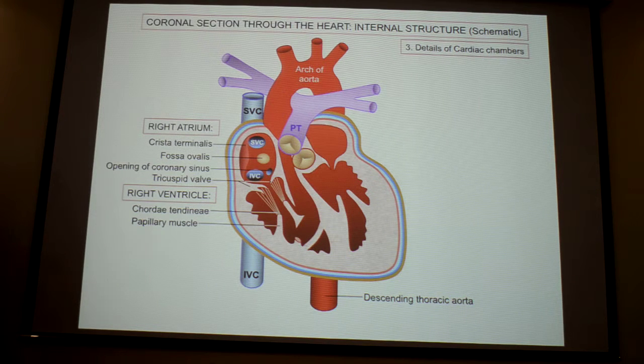Going further, there is one muscle band which goes transversely and is attached to the interventricular septum and towards the wall of this right ventricle. So it's from the septum to the margin.